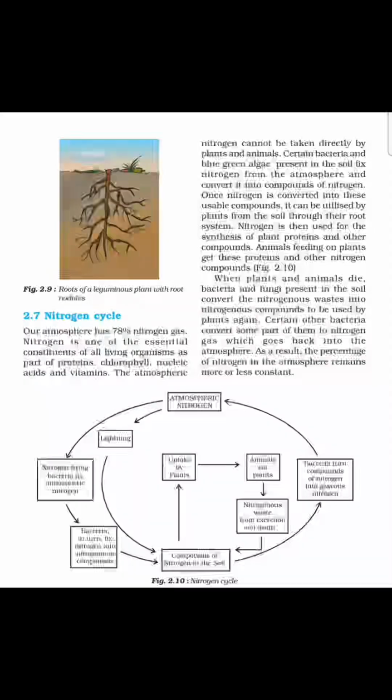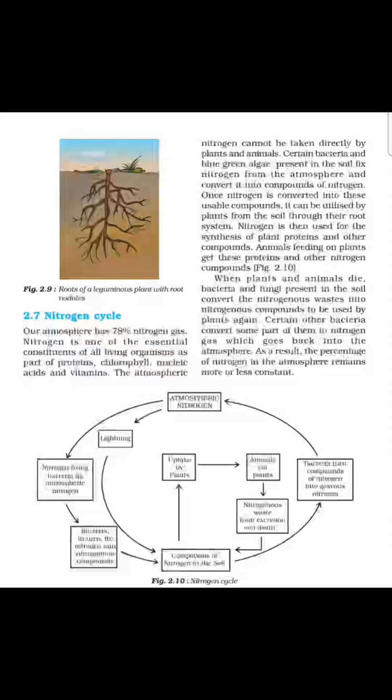They convert the complex nitrogen compounds back into simpler ones in the soil, releasing ammonia. And the seventh one is nitrification. Other bacteria then convert this ammonia into nitrates, which plants can again absorb.